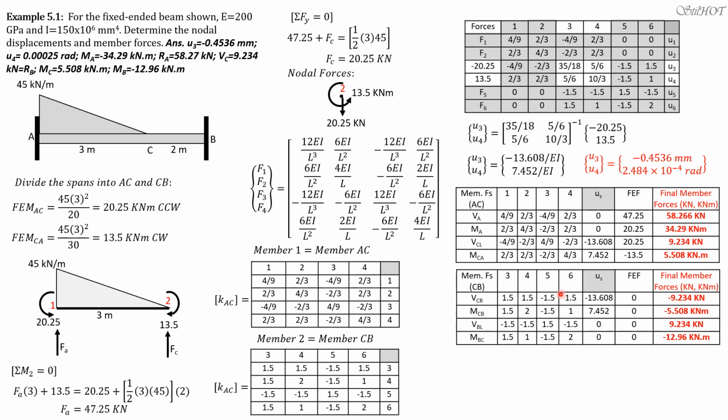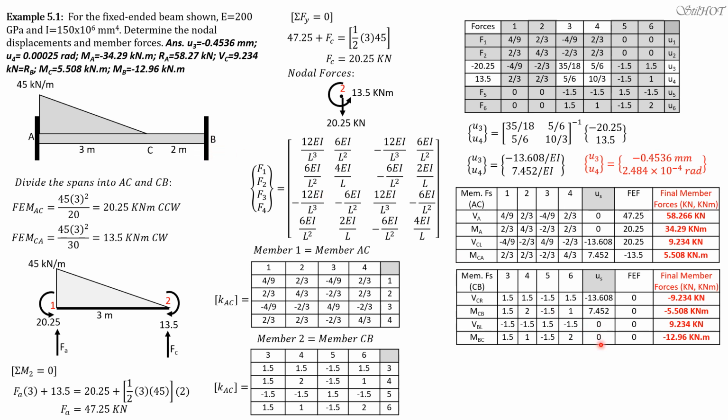Then for member CB, we have to copy the force coefficients for member CB from its stiffness matrix. Then the displacements: U3, which is already computed, negative 13.608, U4, 7.452, U5 is the displacement at B, which is 0, U6 is the rotation at B, which is also 0.